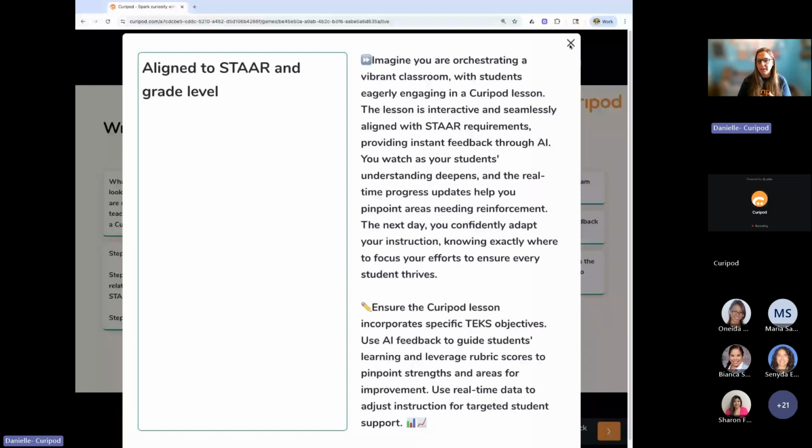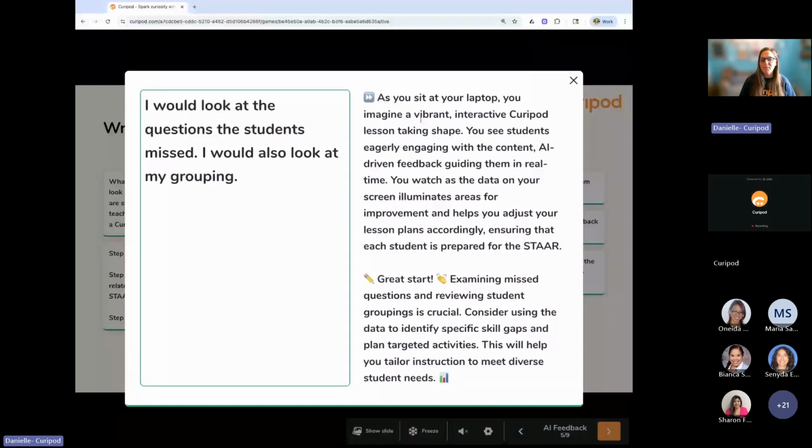I would look at the question. As you sit at your laptop, you imagine this. Great start. Examining missed questions and reviewing student grouping is crucial. Consider using the data to identify specific skill gaps and plan targeted activities. I really like this because it's the next level, right?